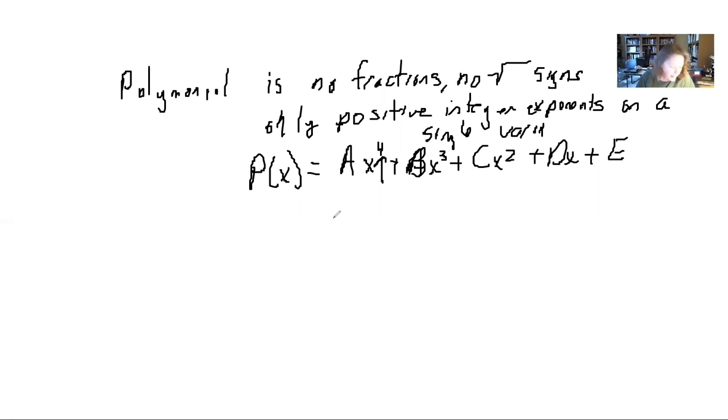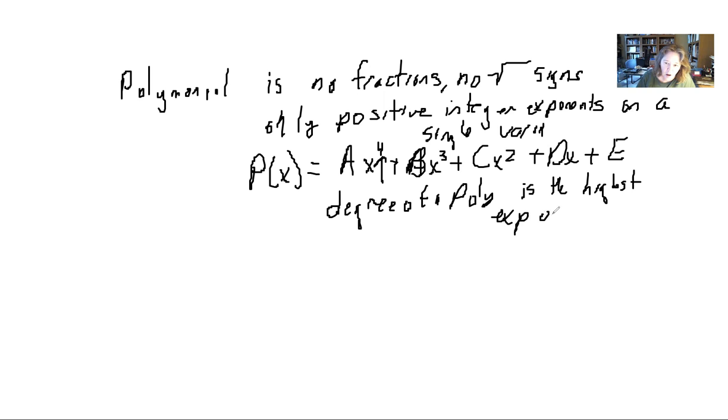And then another thing to know about it, the degree of a polynomial, you may want to put this in your notes, is the highest exponent on variables in a single term. Which begs the question, what's a term?